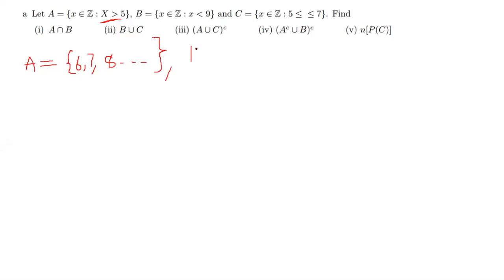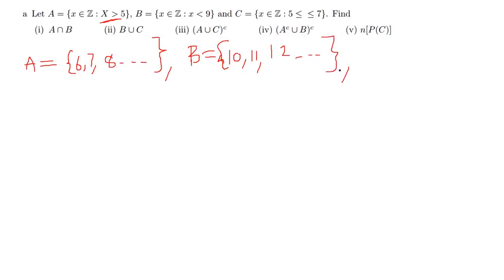B is equal to, X is a member of integers, but these integers are greater than 9. So we're going to start with 10, then write 11, 12, and then you go on like that.